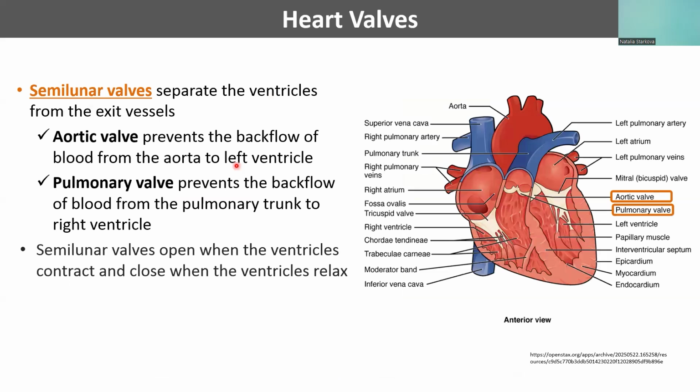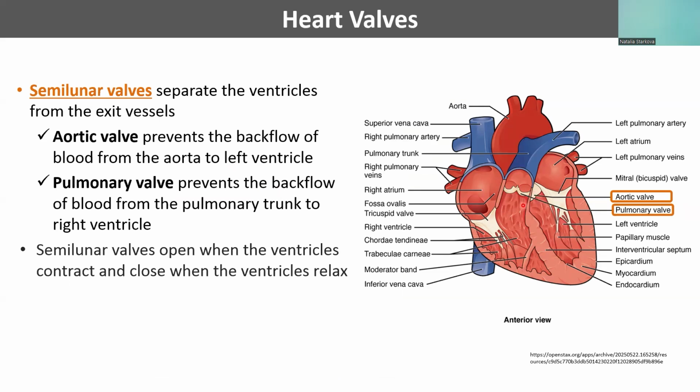The second pair of valves are called semilunar valves, and they separate the ventricles from the arteries that carry the blood away from the heart. In the right ventricle, it's called the pulmonary valve, and in the left ventricle, it is the aortic valve.